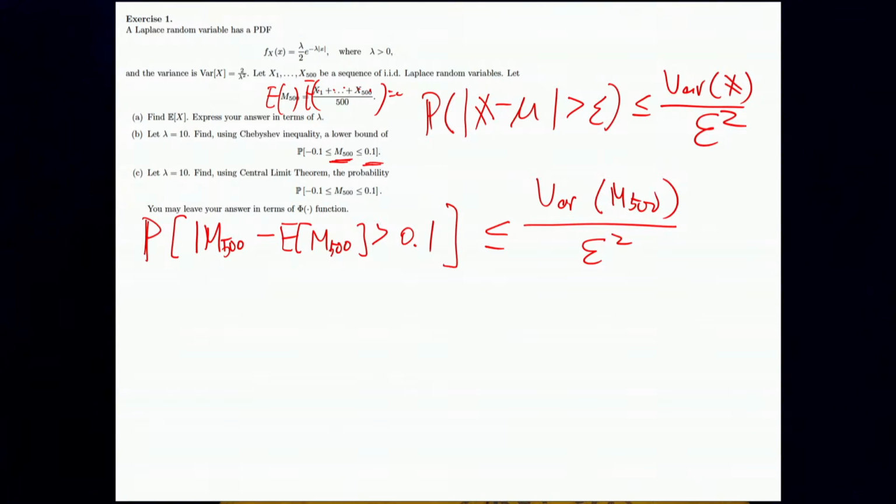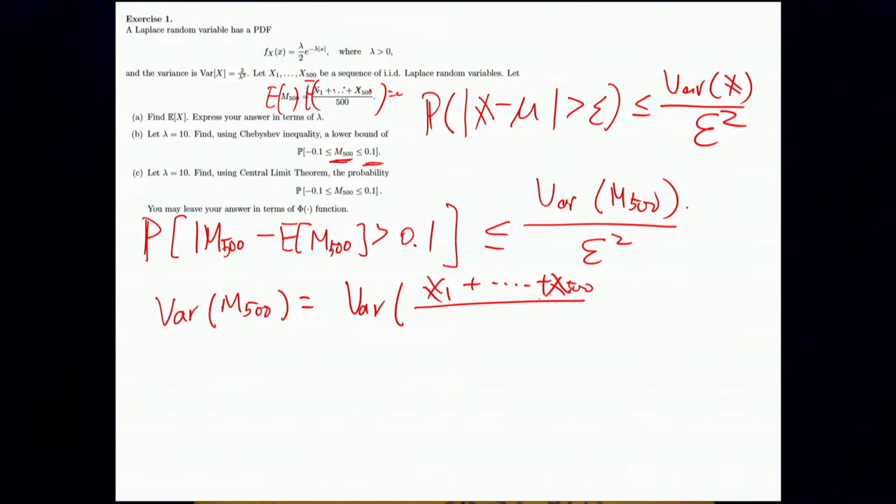So now we want to find the variance of M500. The variance of M500 is the variance of X1 plus up to X500, divided by 500.